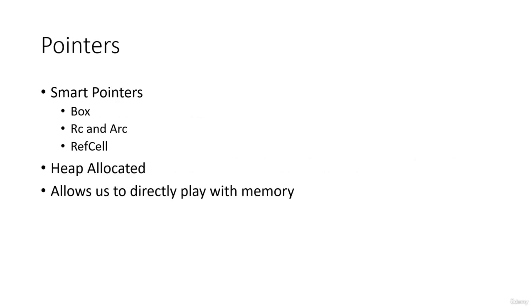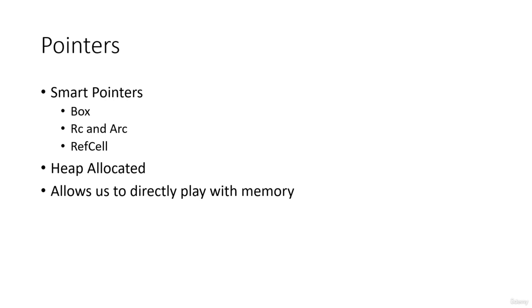And then we go to pointers. Rust has smart pointers such as Box, Rc, and Arc. And then we also have RefCell. Now all of these are heap allocated, which is a type of memory, and we'll talk about that more as we dive into what pointers are.